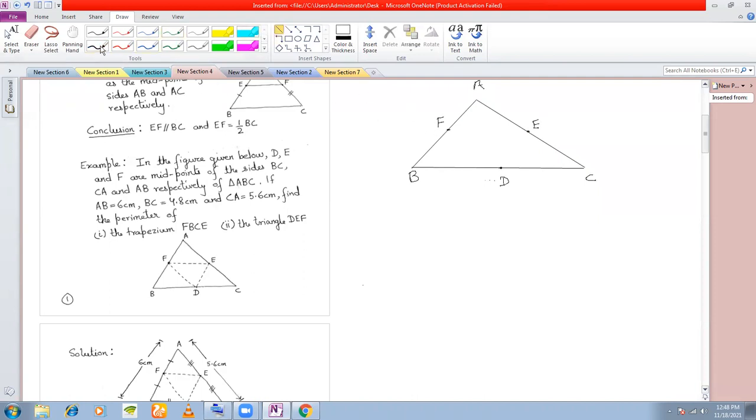And these points are joined with the help of a dotted line. Okay, this is the figure that is given to you.